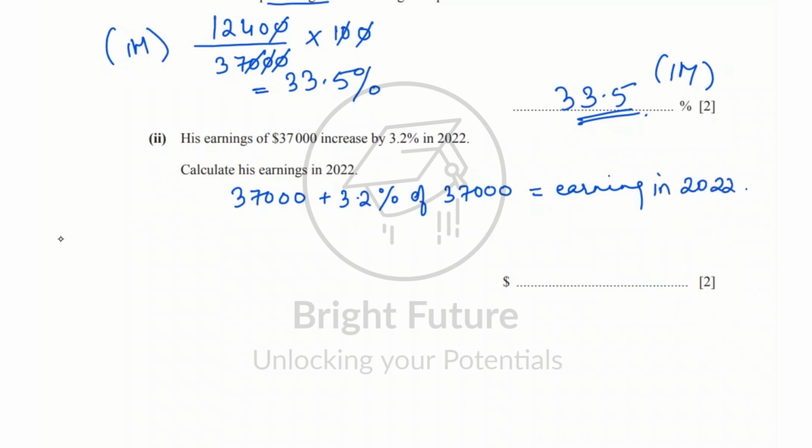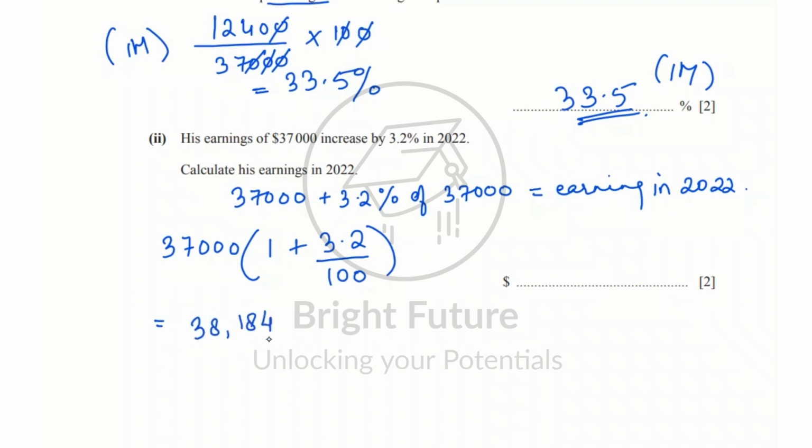So it's going to be 37,000 times 1 plus 3.2 upon 100, which comes to around $38,184.